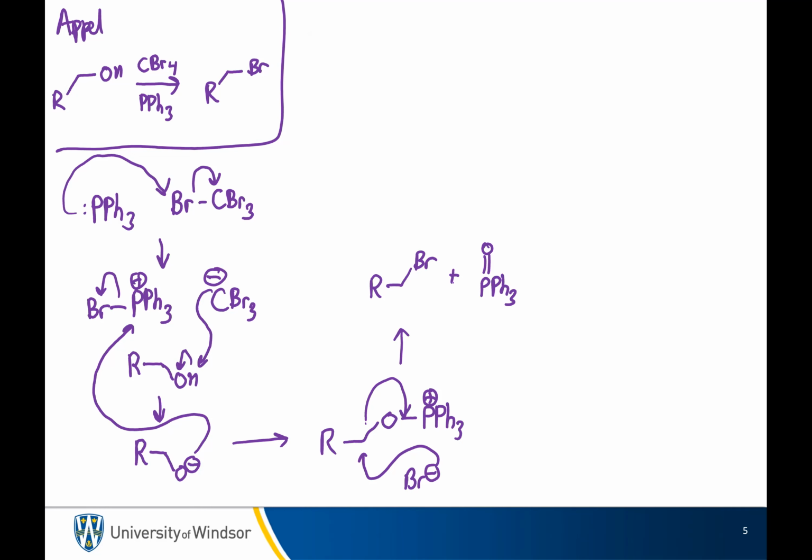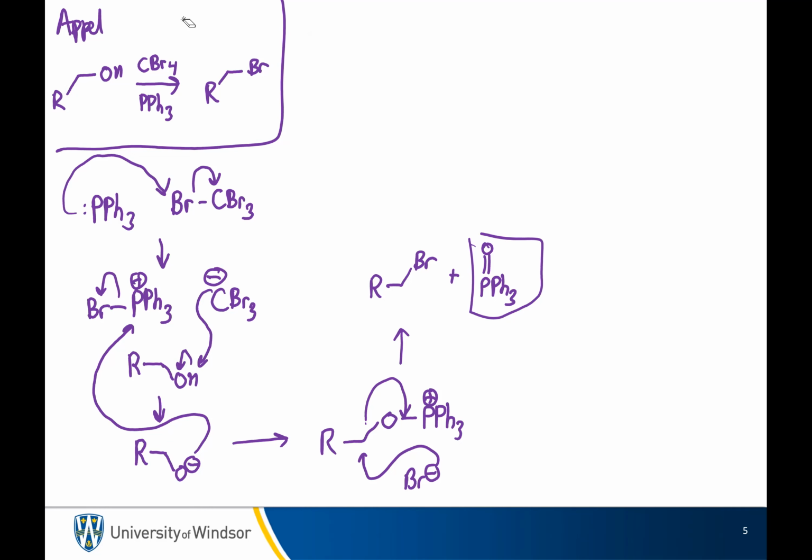So all this chemistry is actually, on its own, making a bromide from an alcohol is not a favorable process. Alcohols are more stable than bromides, definitely. But we're relying on the fact that we're making triphenylphosphine oxide, which is ridiculously stable. So we're coupling an endothermic reaction, a reaction which requires energy, going from OH to bromide, which is unfavorable, with a massively exothermic reaction going from triphenylphosphine to triphenylphosphine oxide.